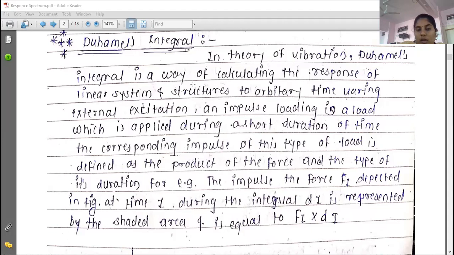The corresponding impulse of this type of load is defined as the product of the force and the time of its duration.